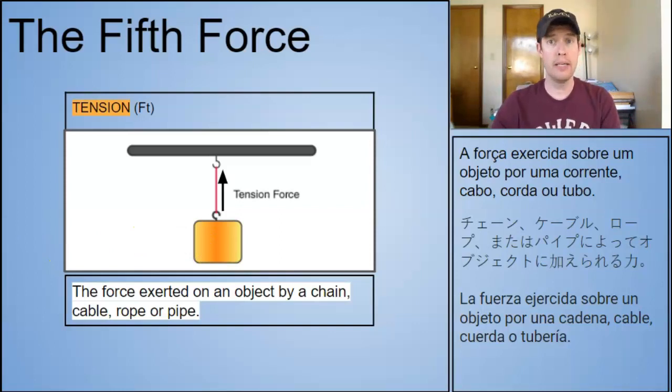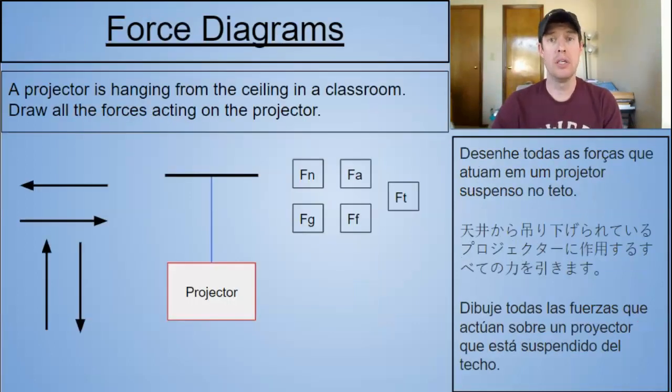So let's look at an example of the force of tension, or F of T. A projector is hanging from the ceiling in a classroom. Draw all the forces acting on the projector. Well, here's our projector. Just like in our classroom, it is being suspended by a pipe.